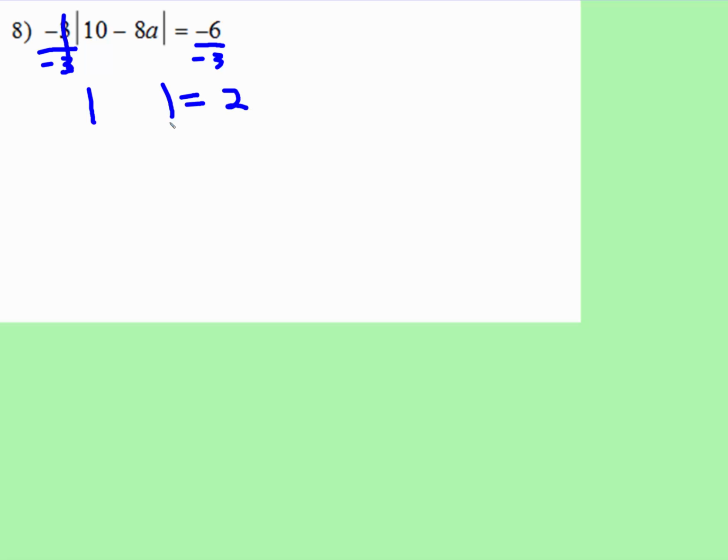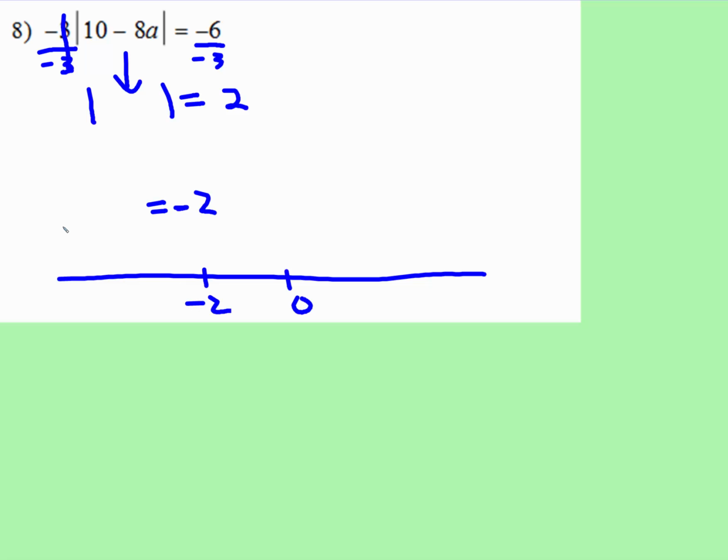So you're going to remove the absolute value, and this side equals 2, this side is going to equal negative 2. So 10 subtract 8a is equal to negative 2. And over here, you'd have 10 subtract 8a is equal to positive 2, and then you'd go ahead and just solve. But that's it to solving absolute value.